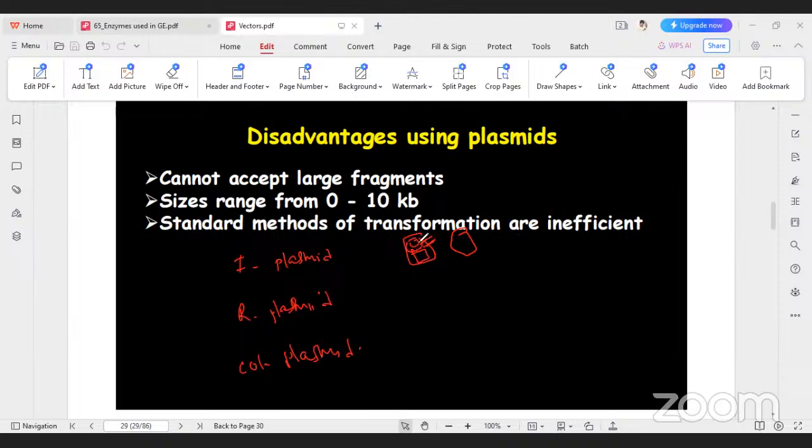The plasmid replicates, and this replicated part migrates through a tube formed between A and B. For example, this is bacterial cell A and this is bacterial cell B. After replication of the plasmid, it is converted into this and migrates into cell B. The genetic material is not transferred as it is.